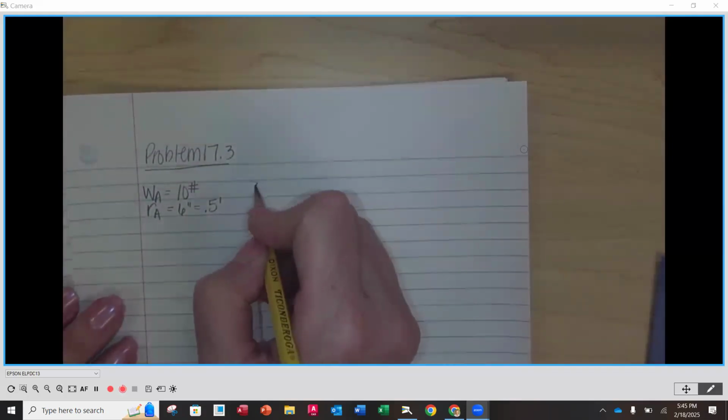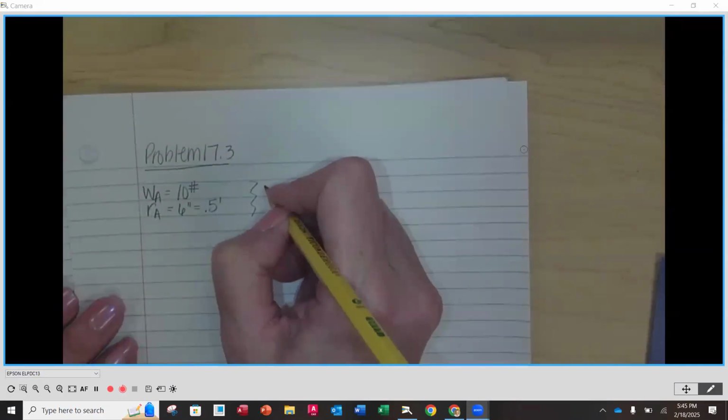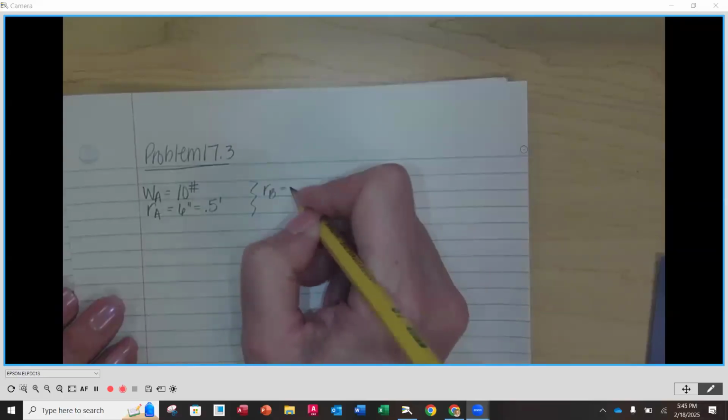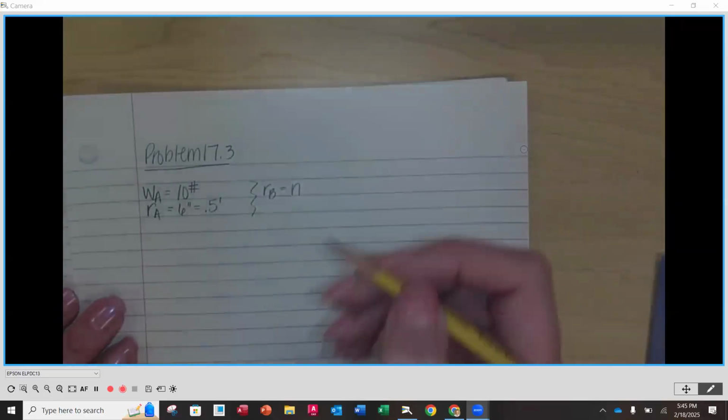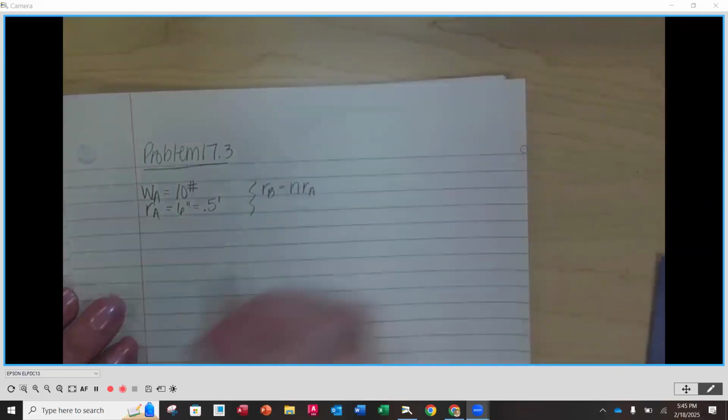We know that as we work these problems, when we're in English units, we need things to be in feet per minute, that kind of thing, okay? Now, we also know that radius B is going to be equal to that factor of n times radius A, okay?